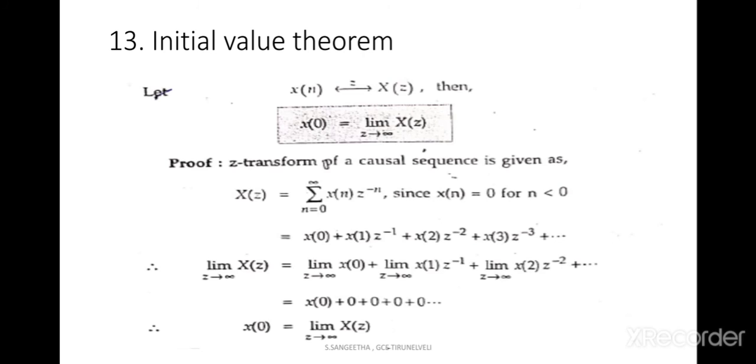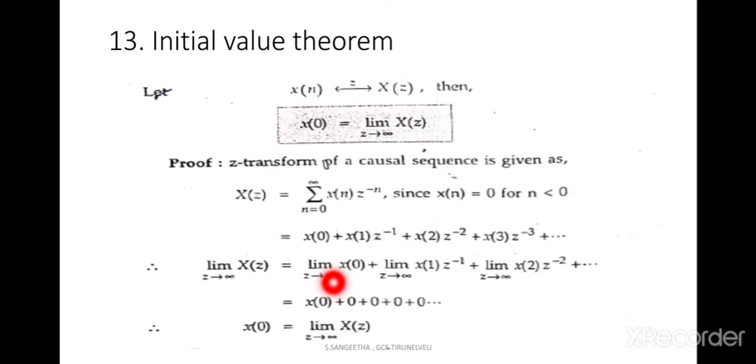Therefore, on the right hand side, we take the limit as z tends to infinity of X of z. Each term is multiplied with the limit z to infinity, so we get x of 0, and x of 1 into z to the power minus 1, and x of 2 into z to the power minus 2. As z tends to infinity, these terms go to 0, since z will be infinity, so the value will be 0.